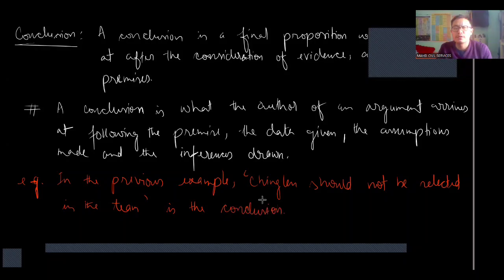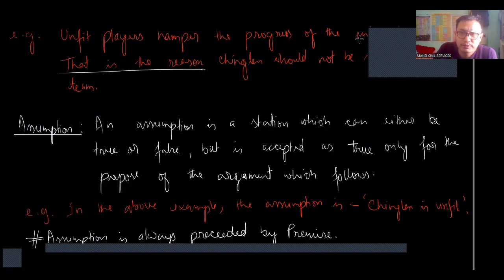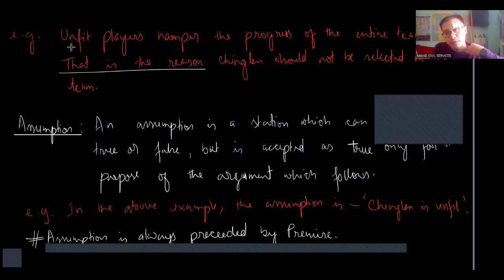This is the conclusion. Now it's very scientific, not guesswork. Unfit players hamper the progress of the entire team. That is the reason Chinglen should not be selected in the team.